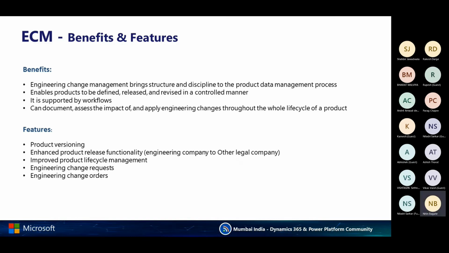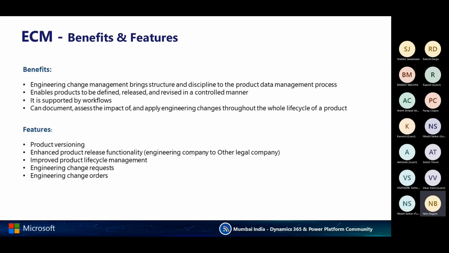As of now, I haven't seen a direct functionality in AX 2012 where we can set an item as an operational item, or maybe an obsolete item, or maybe an engineering item. We may not have a direct functionality. We have to stop the item by doing different parameter setups or changing the default order settings or parameters. But in ECM, we have a functionality or a form where we can define the different life cycle of a product.